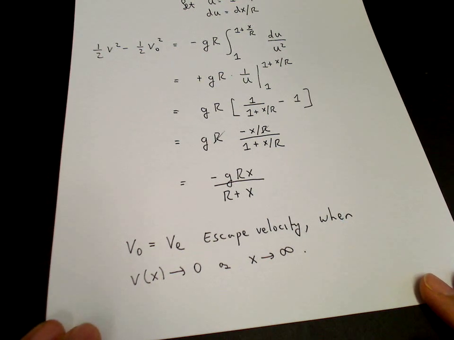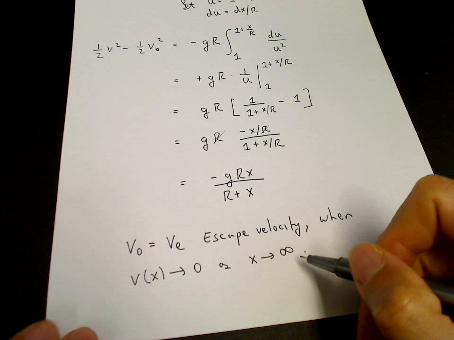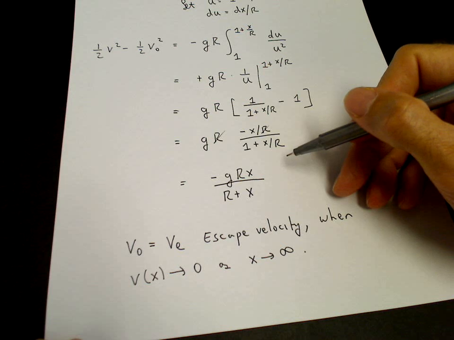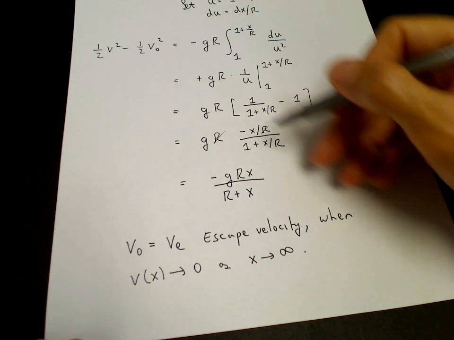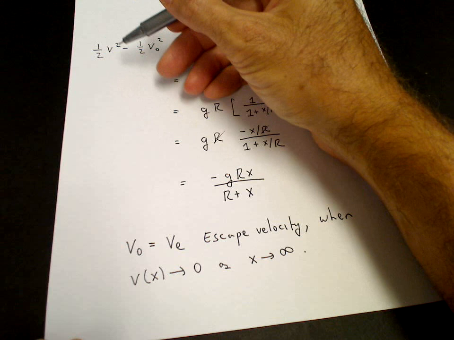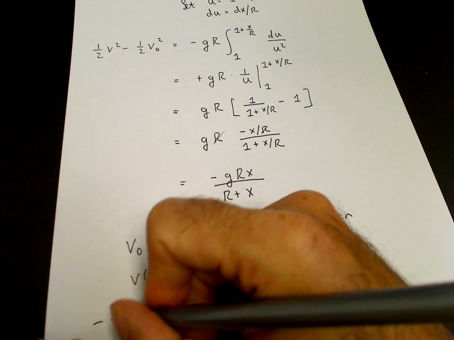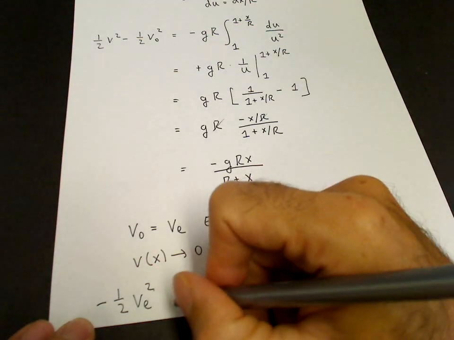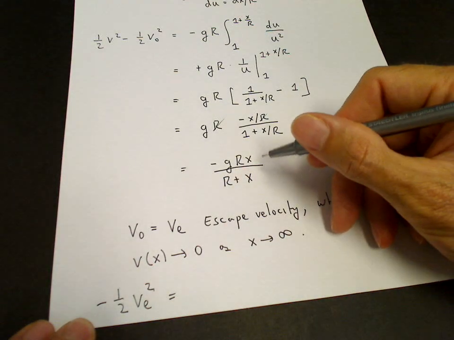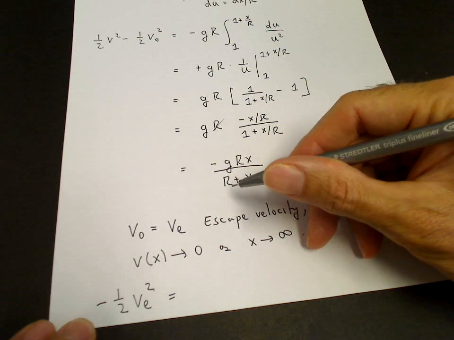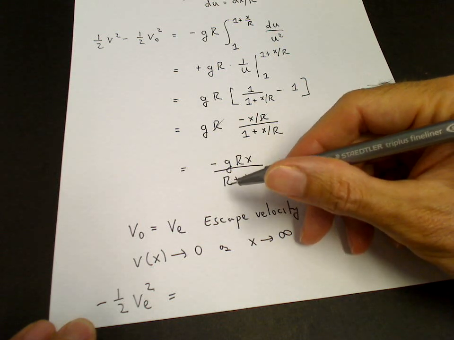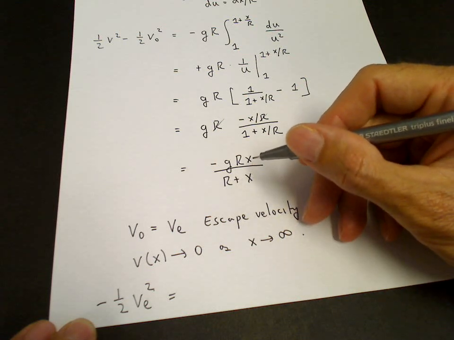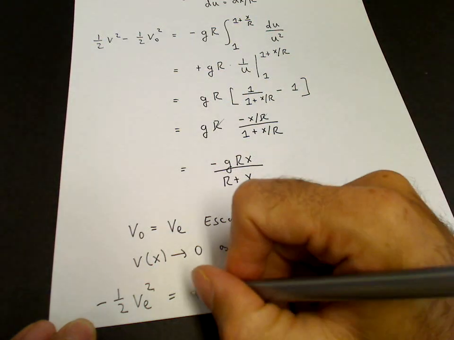So using this result, we take the limit as x goes to infinity of the equation. As x goes to infinity, v goes to 0 for the escape velocity. So we have minus 1/2 the escape velocity squared equal to, as x goes to infinity, r negligible with respect to x, so we can neglect r. We get an x here that cancels the x in the numerator, so we get a minus gr.